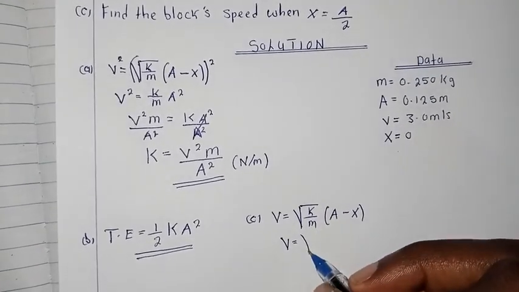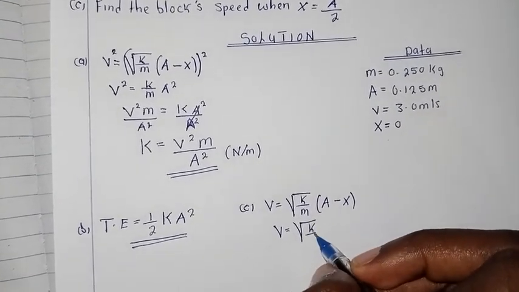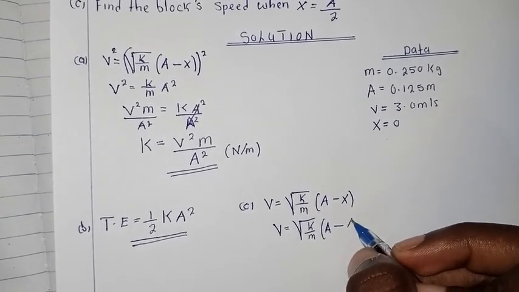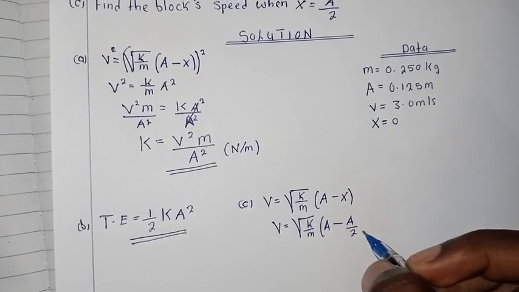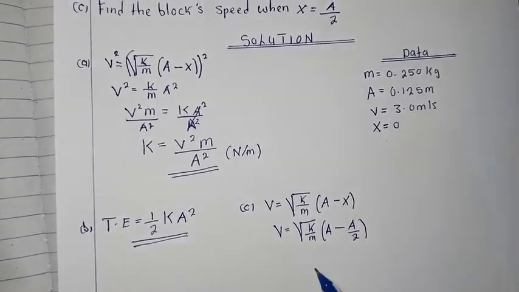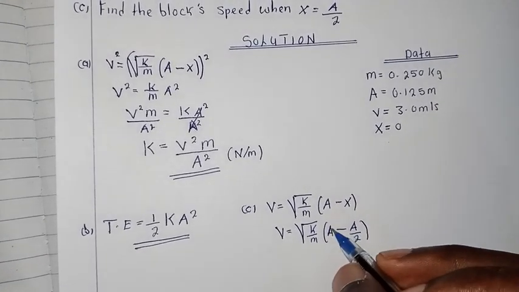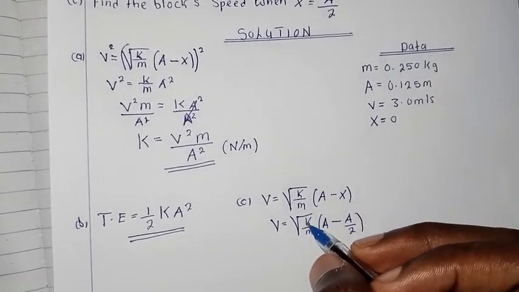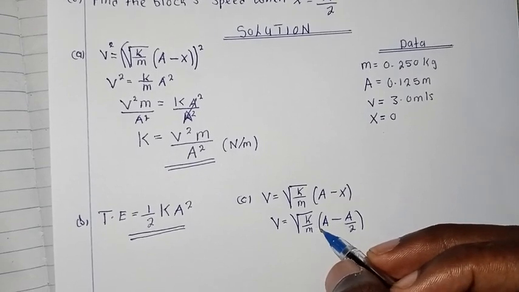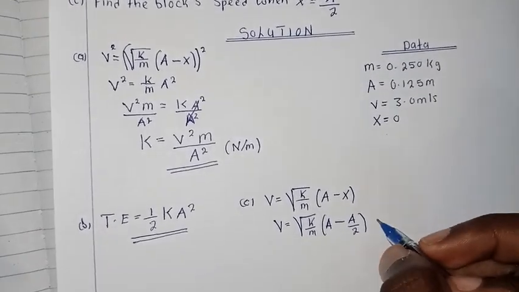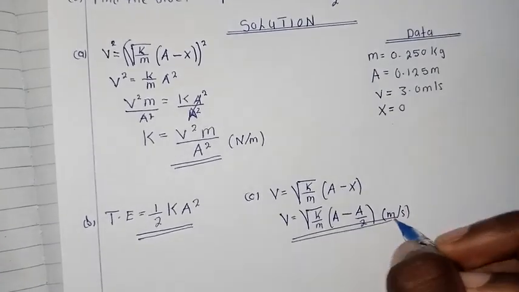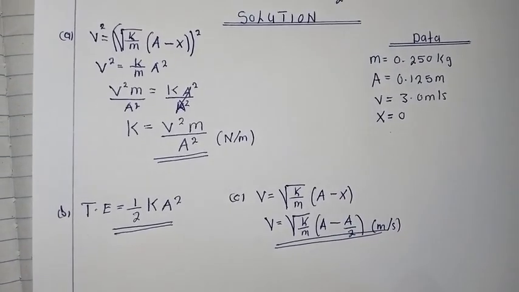So this is simply A minus A over 2. So if you replace everything, if you divide this amplitude by 2, then you subtract it from the original amplitude, then you have your constant K, you have your mass, then you're able to find your velocity in meters per second. So this is just how simple this question was.